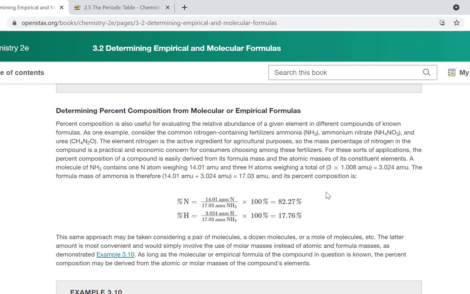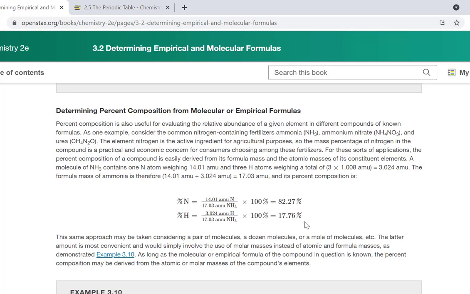It kind of walks you through it here as well. So you look up nitrogen, you look up hydrogen, you have 3 of those. You find from that the formula mass. Okay, so that's how you get this number, is that's the formula mass. And then you say, well, what was the nitrogen? It was this 14.01. You divide that and then times 100%. So that's how you get the percent composition.